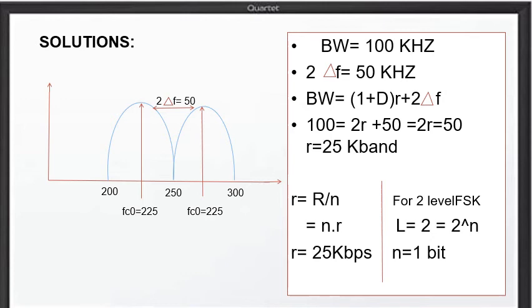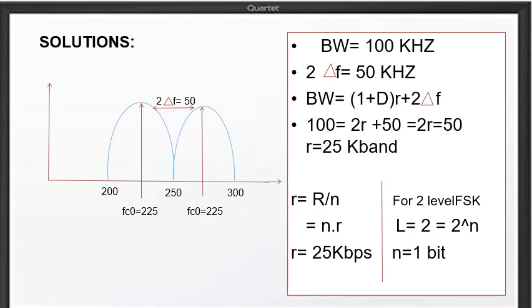Here's the solution of example number 2. BW equals 100 kHz. kHz means kilohertz. So let's proceed. BW equals 1 plus D times r, plus the wavelength, equals 100. So 100 equals 2r plus 50, so 2r equals 50.